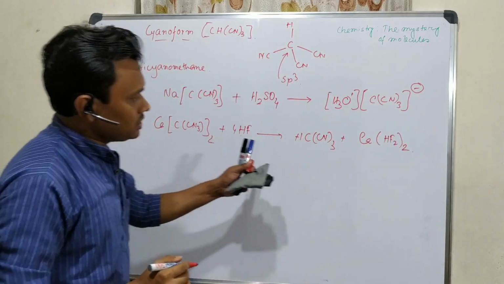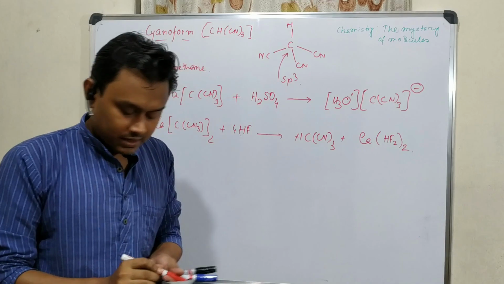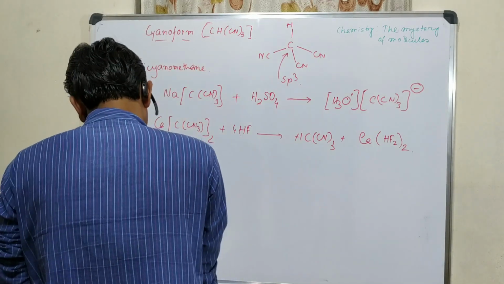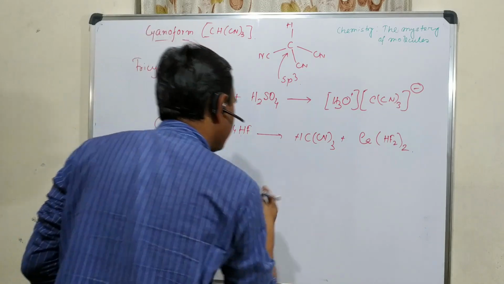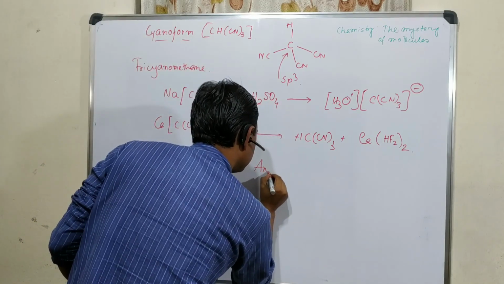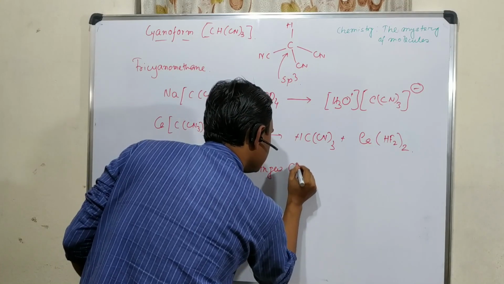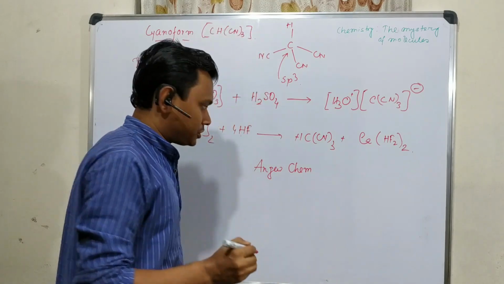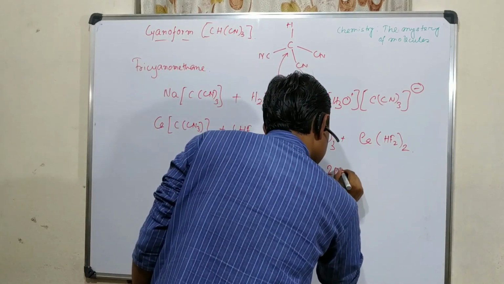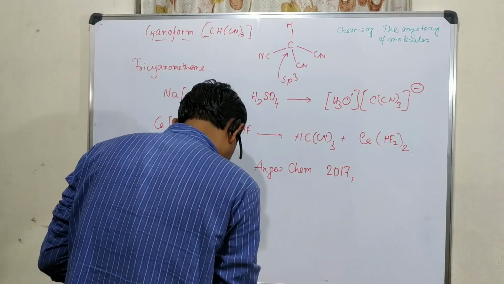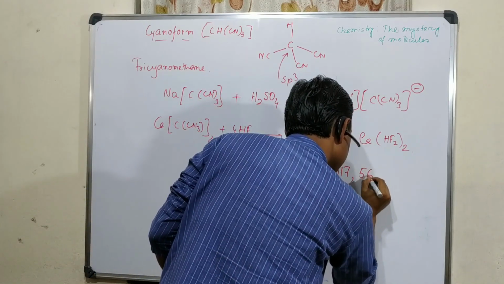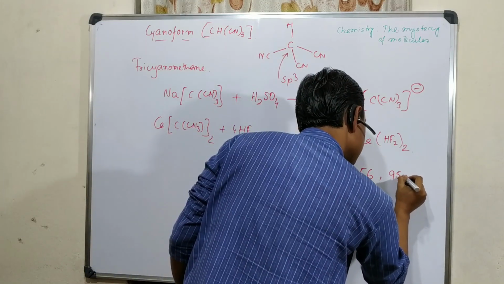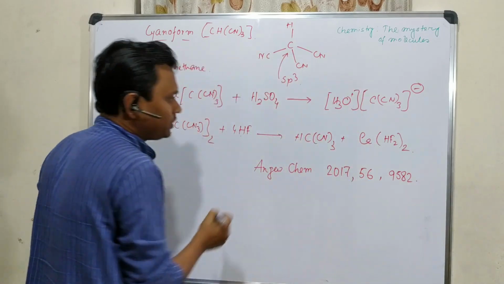And actually this information is from a very recently reported research paper I have taken, and that research paper is in Angewandte Chemie International Edition, published in 2017, volume 56, page number 9582. Why am I giving this?